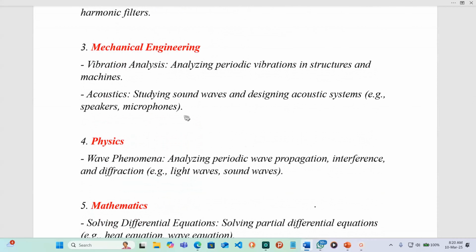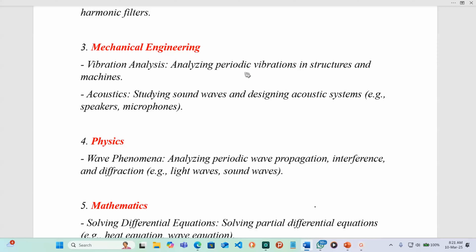Then in mechanical engineering, we look at vibration analysis in the design of, for example, shock absorbers. We need to look at to what extent the vibrations that come into the vehicle as a result of maybe a pothole can be taken away as soon as possible so that we maintain the comfort of the occupants.